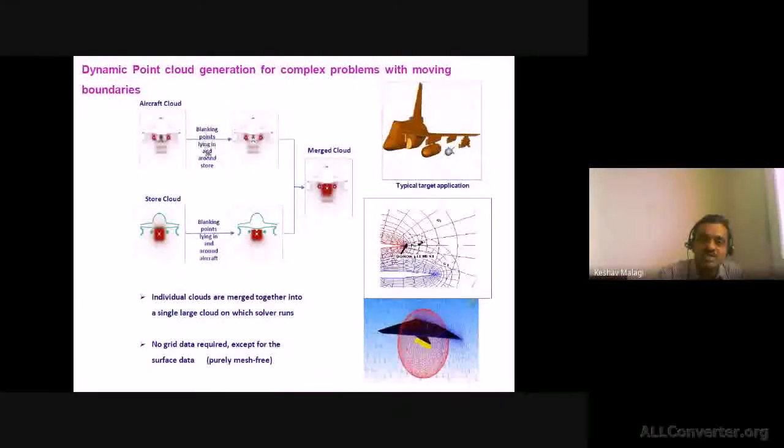Blanking points lying in and around the store. Now you merge both, and you obtain a point cloud in which you have aircraft plus store. Now you solve on that. Suppose the body moves to a new position, you redo these steps, which take on the order of a few seconds actually, and you can compute the body. So you don't have to worry about these issues.